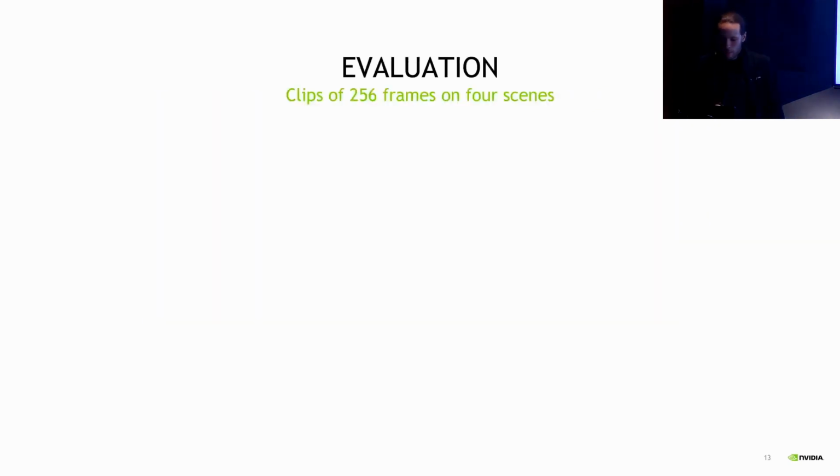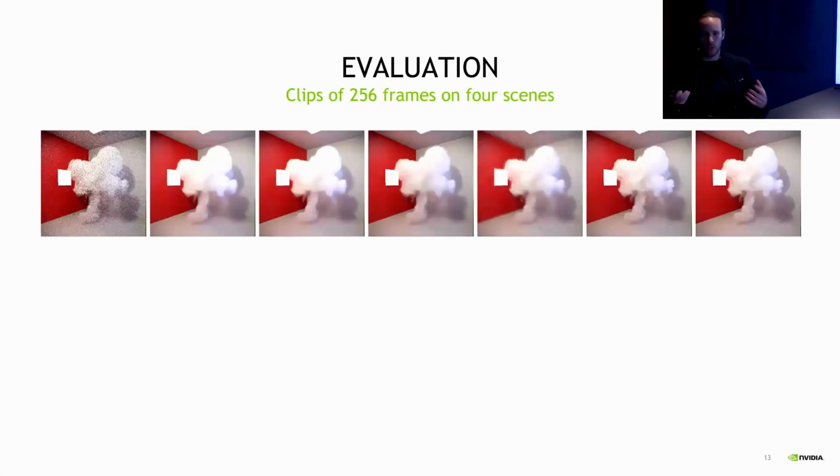Right. So coming towards the evaluation. We always evaluate on clips, because we have the temporal recurrence loops. We always want to evaluate our system on a sequence. And we use 4 different scenes. For one, the classical Cornell box, everyone knows. But we put the volume in, and the volume itself is also animated, right? So the volume is moving.